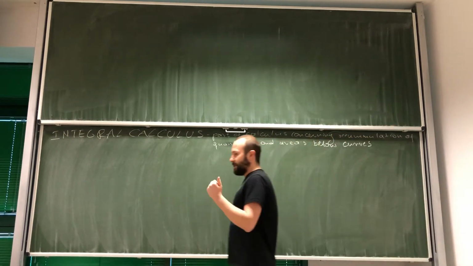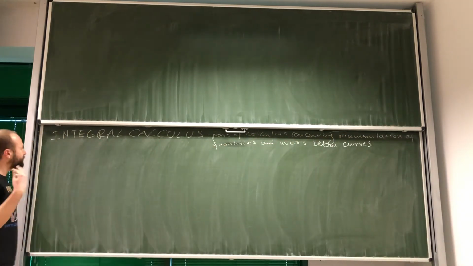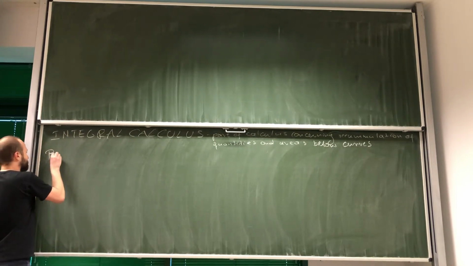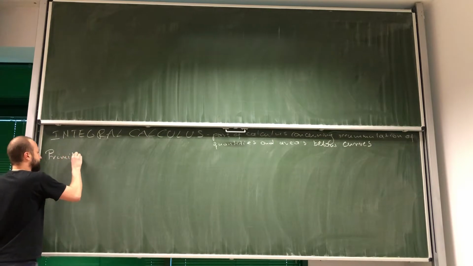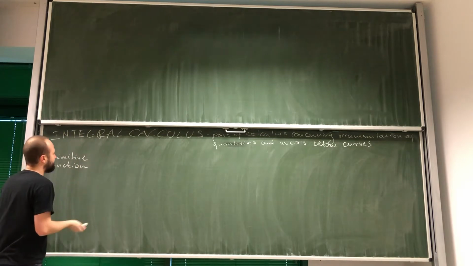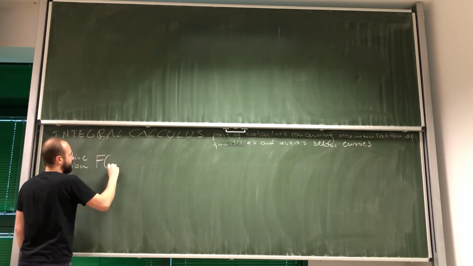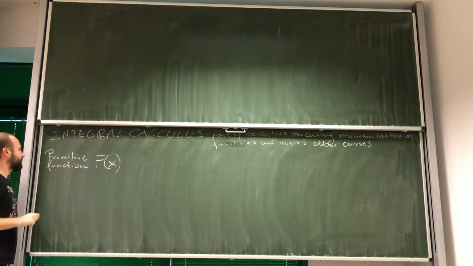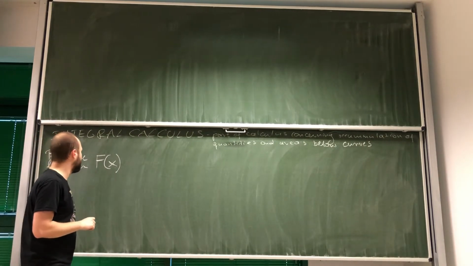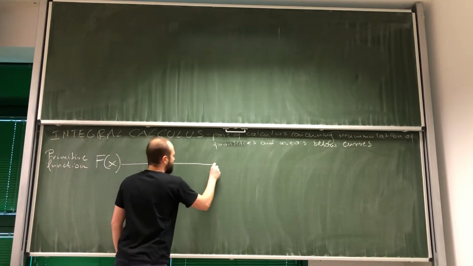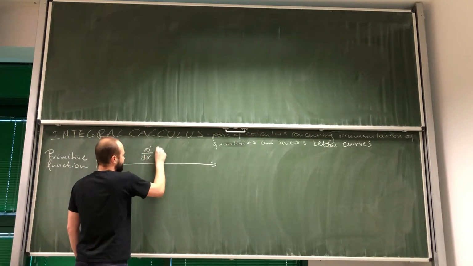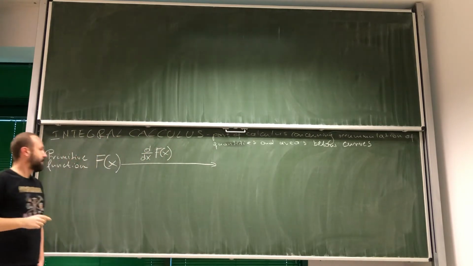Because look, let's just say, because we need to introduce some new notation, but just a little, that we have some primitive function. So let's denote this by capital letter F of x. And when we were learning about differential calculus, what we were doing is that we were calculating the derivative dx out of the primitive function.